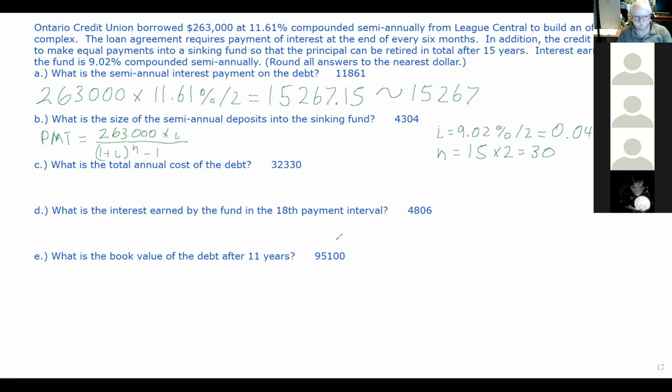I'll do the top part first and I'll save it. 263,000 times recall 1. So I'll store that in register 8. And now recall 1 plus 1, y to the x 30 minus 1. And I'll store that in register 7.